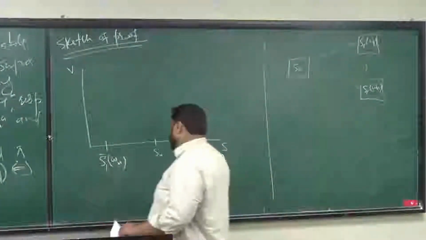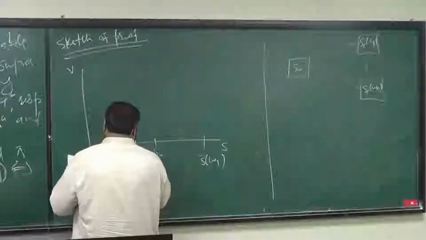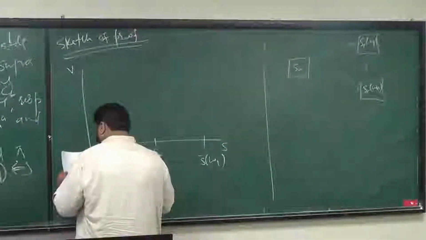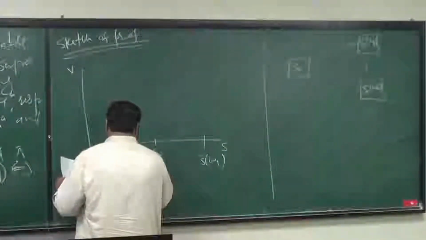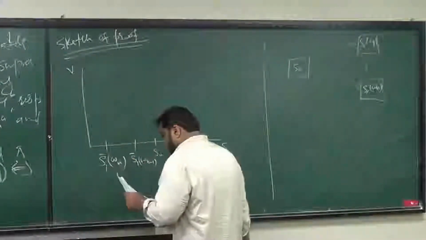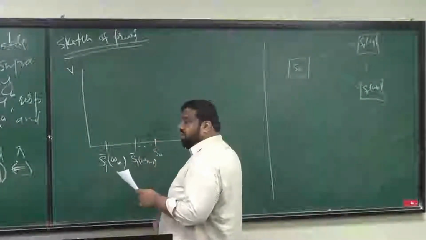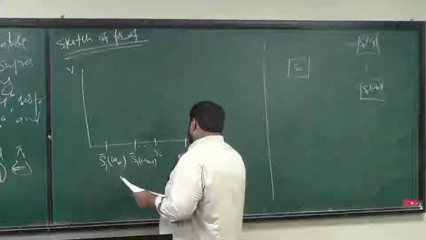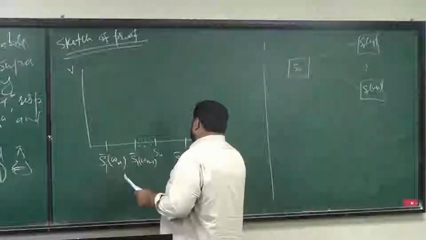And then I can have different values of omega n minus 1 bar.